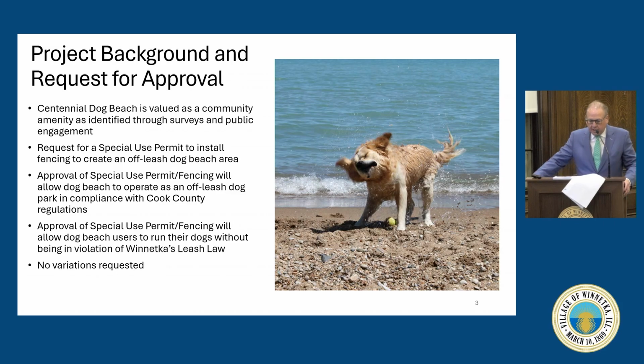The goal is to allow residents of the village and other members of the public to do what they have done historically for over 30 years: bring their dogs to the beach for recreation and let them run without being on a leash. As Ann already said, this is simply an application for special use, unlike other applications you've heard in recent years from the Park District. This application does not involve a request for any zoning variations.